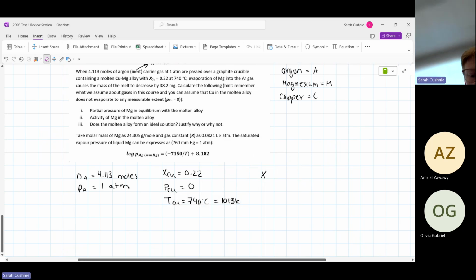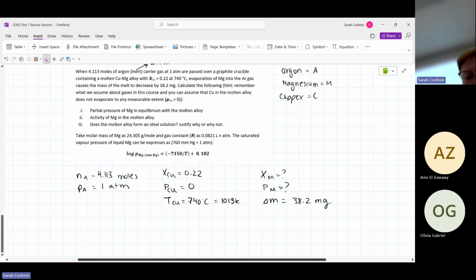And then X is equal to question mark, P question mark. And we know that the change in mass as that argon is passed over top is equal to 38.2 times 10 to the negative 6 kilograms. I guess times 10 to the negative 3 grams, because that's probably how our calculations are going to go. Or I'll just write it out as milligrams and we'll convert it when we need to.